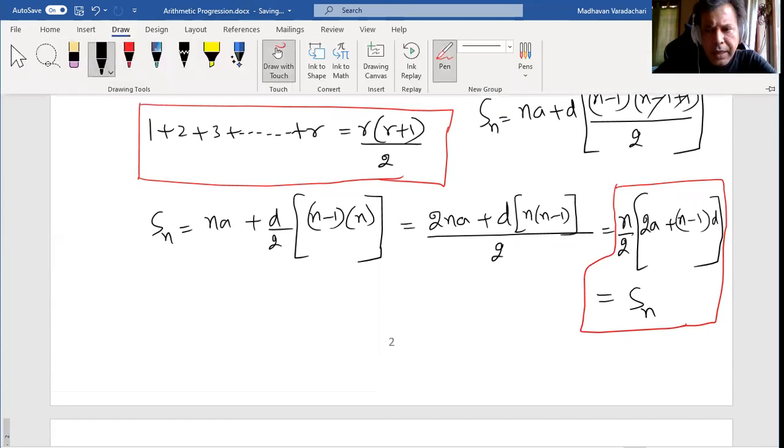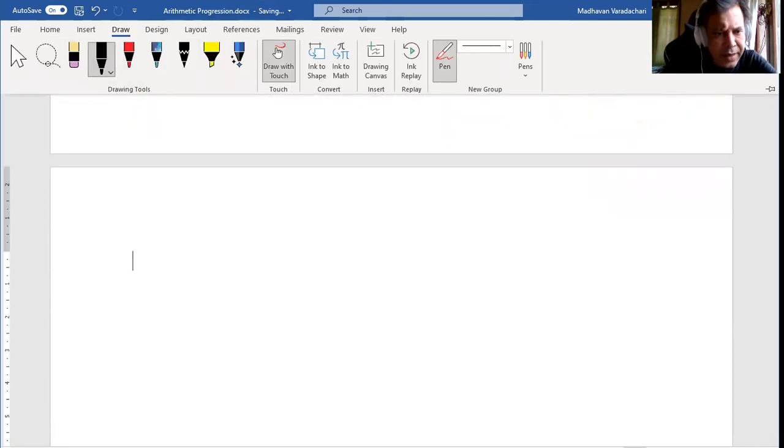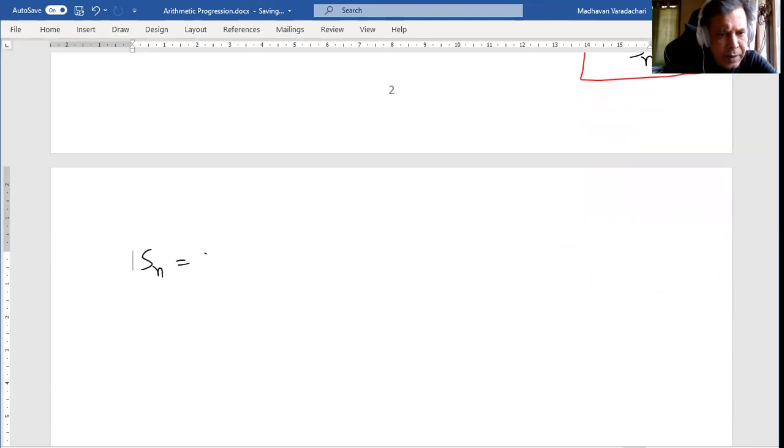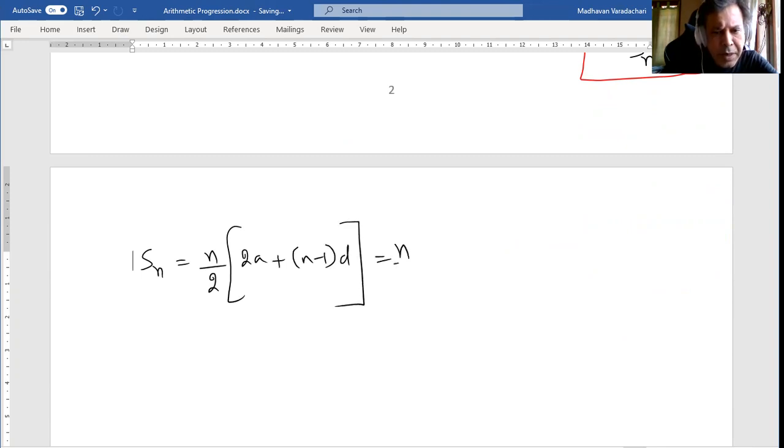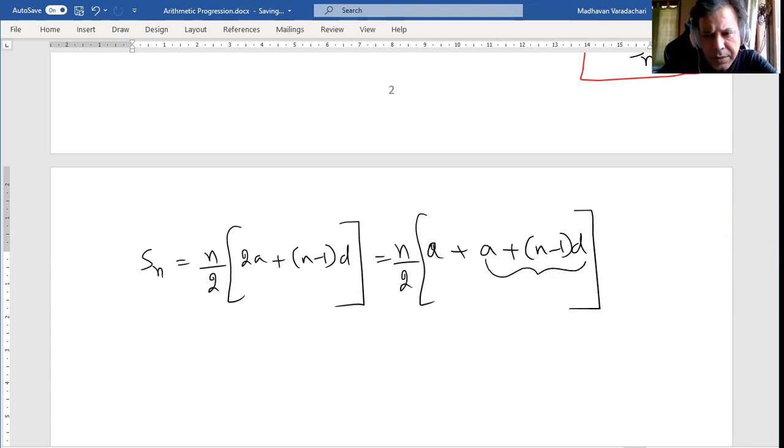Then further, I can again write this Sn as n by 2 times 2a plus n minus 1 times d. This can be split as 2a can be written as a plus a plus n minus 1 times d. What is this? This is actually our nth term formula.